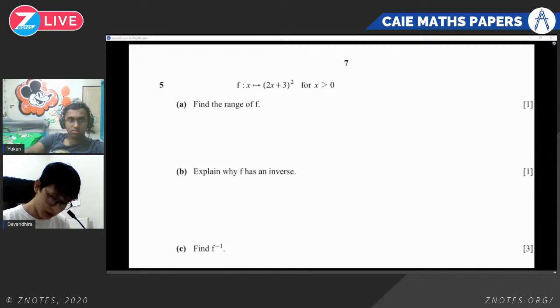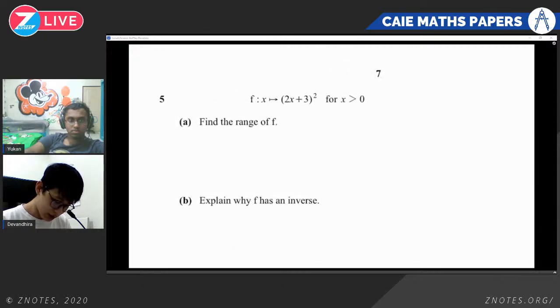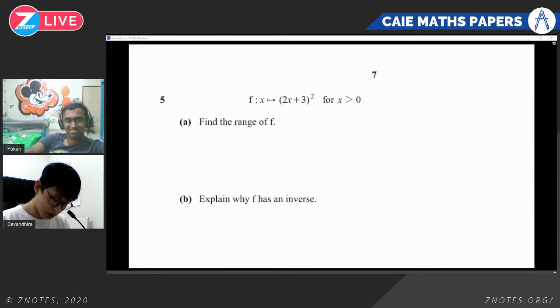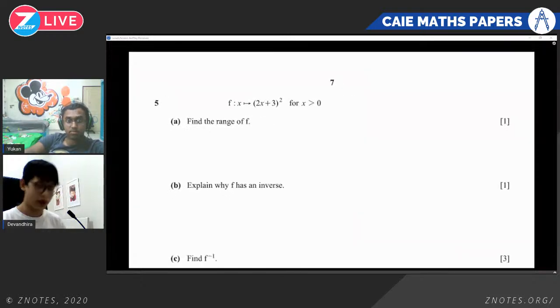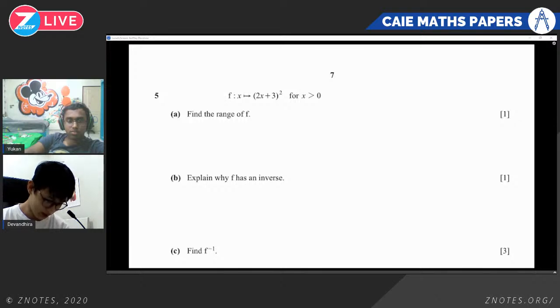There's functions, okay. So f of x is equal to (2x plus 3) squared. Find the range of f. So how can we find the range of f? The range of f is the values the function f of x takes for the domain x is more than 0, or any given domain.